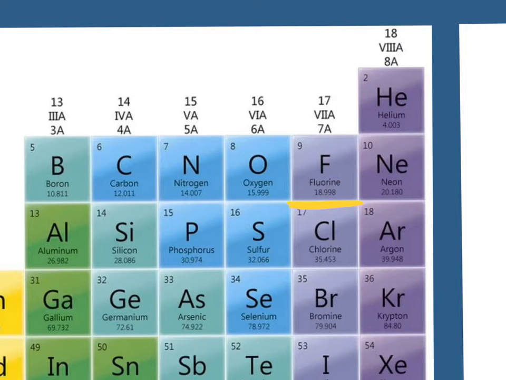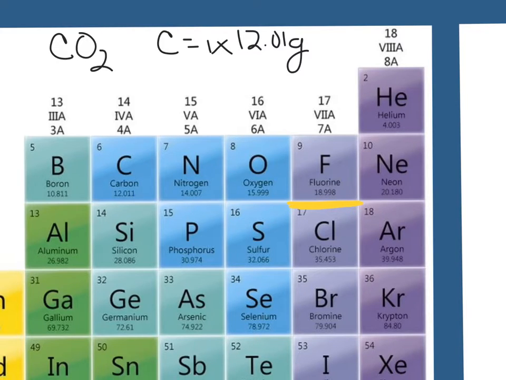So when I find my molar mass of that molecule, again it was CO2, that means I have 1 carbon at 12.01 grams per mole. I have 2 oxygens at 16 grams per mole, which is actually 32.